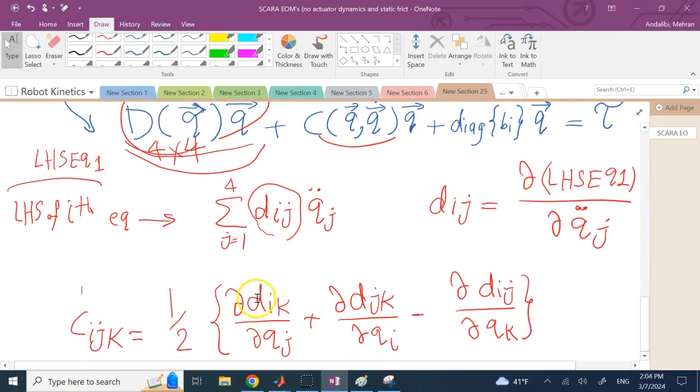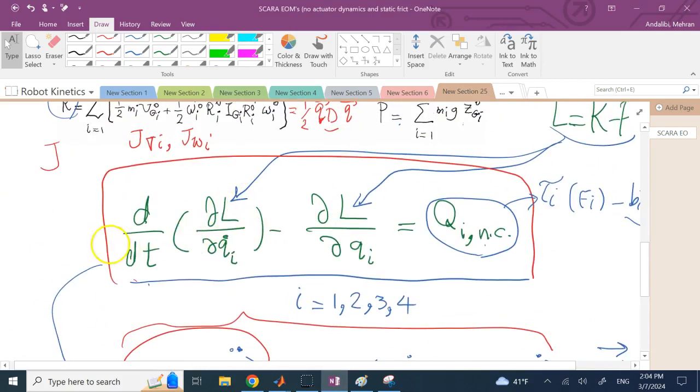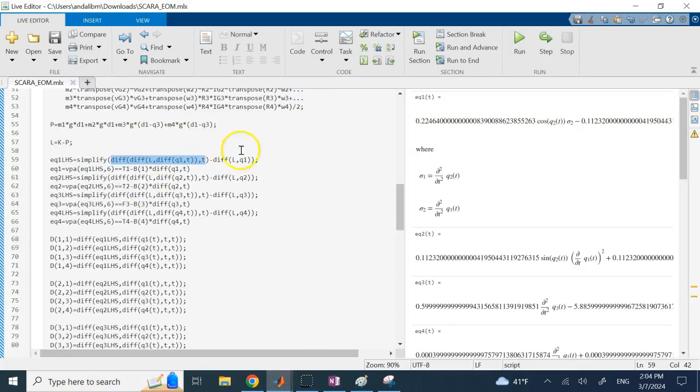The next one is going to be partial of L with respect to Q, and that is this one here, of course. You see here I have done it for equation 1 left-hand side, equations 2, 3, 4. And then my total equation is what?